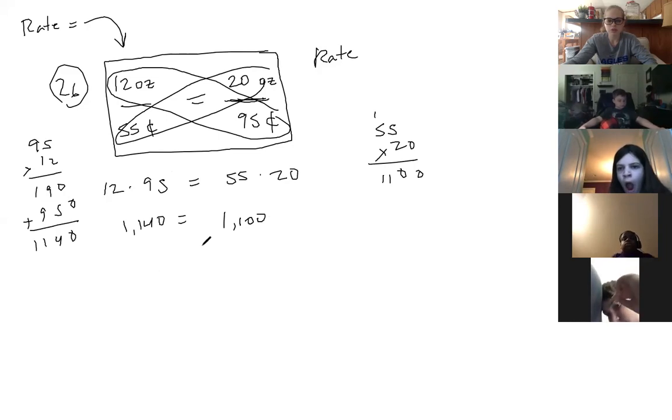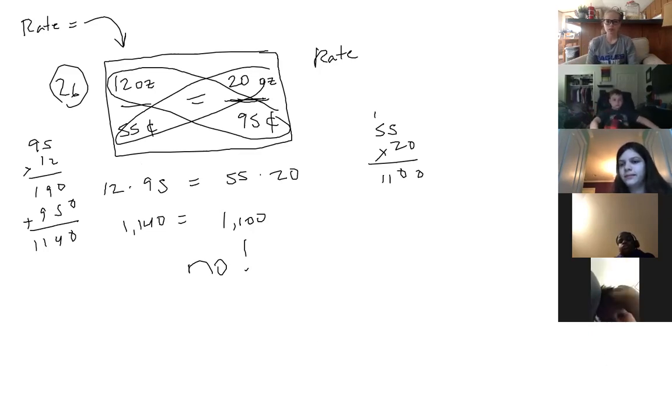Is 1,140 and 1,100 equal, Brayden? No. So are these ratios up here equivalent, making them a proportion? No, ma'am. No, this is not a proportion.